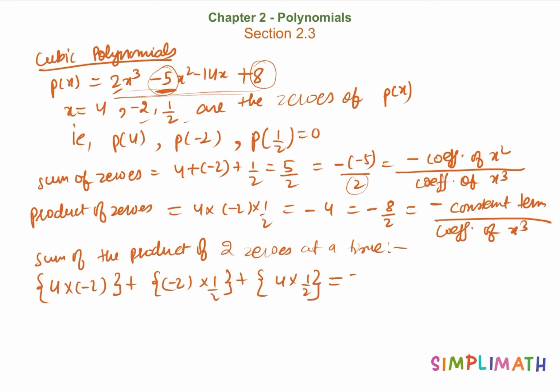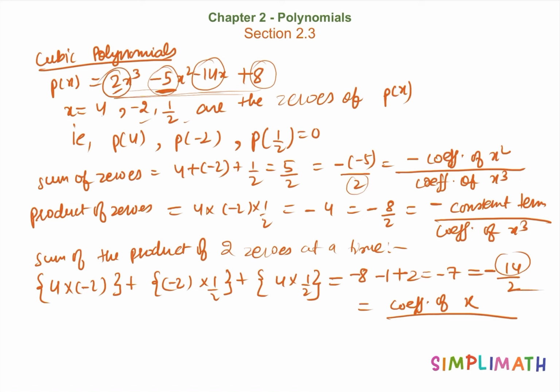What is the value over here? We get minus 8 minus 1 plus 2, which is equal to minus 7. So minus 7 is what? Minus of 14 by 2, which is, what is 14 over here? Minus 14. This is coefficient of x upon, what is 2? 2 is coefficient of x cube.